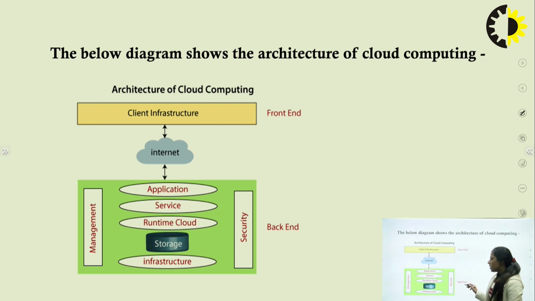This is the back end part, which the service providers handle. It provides security, applications, services, and the runtime environment. It also provides storage where we can store a large amount of data.